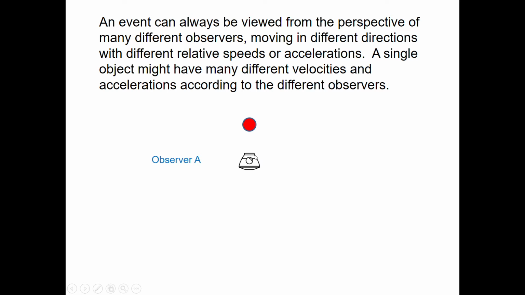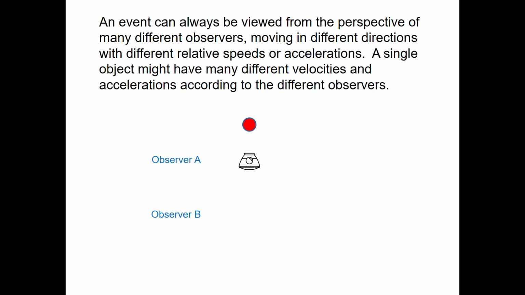One way we could observe it in this particular case is just by sitting right in front of it and looking out the window at the ball, and we can make measurements. And someone in there might say, look, the ball is sitting, it has zero velocity, it has zero acceleration. But there are other points of view that might disagree with it. For example, consider another observer looking at the ball. We'll call that observer B, and that observer is floating along in a spaceship, and they look out their window and they look at the ball.